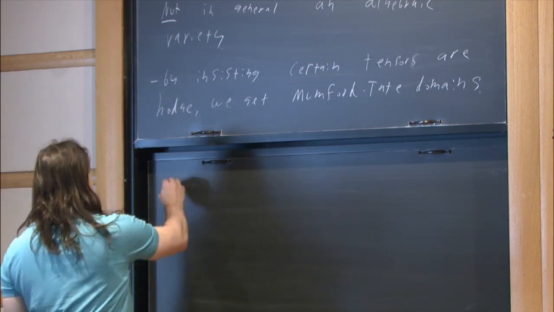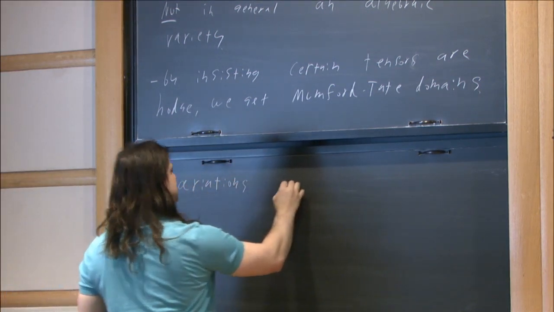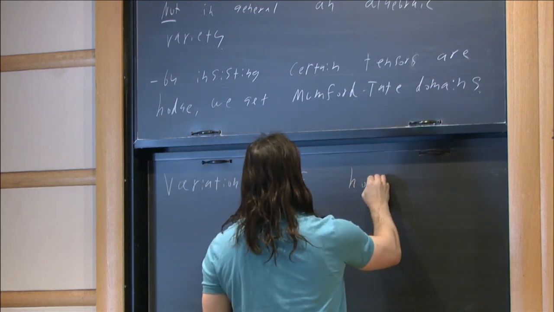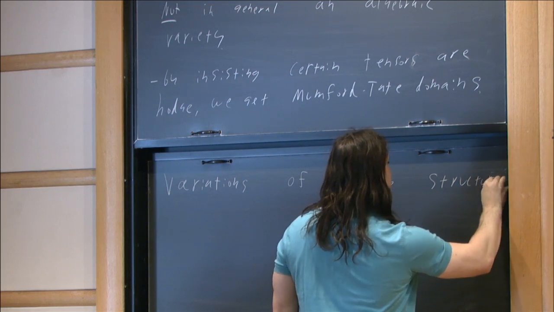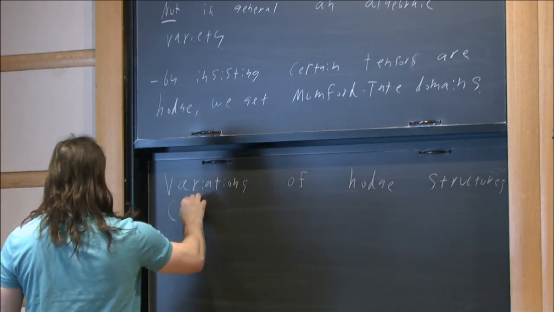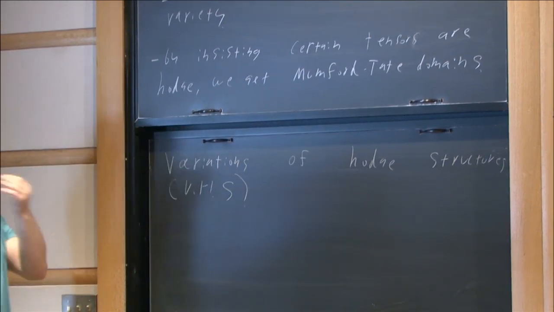All right, so now if we want to talk about variations of Hodge structures, which I'll write as VHS. So what are they concretely?